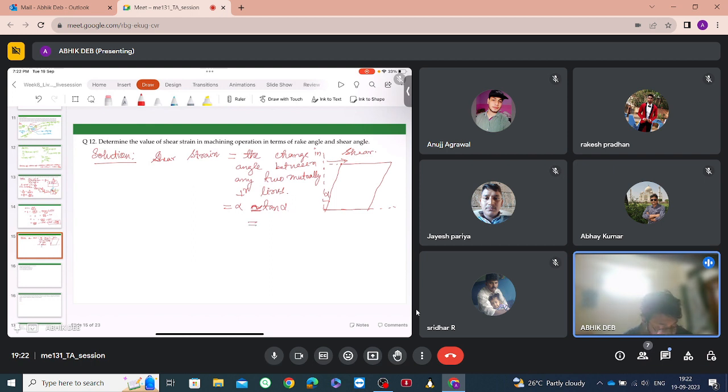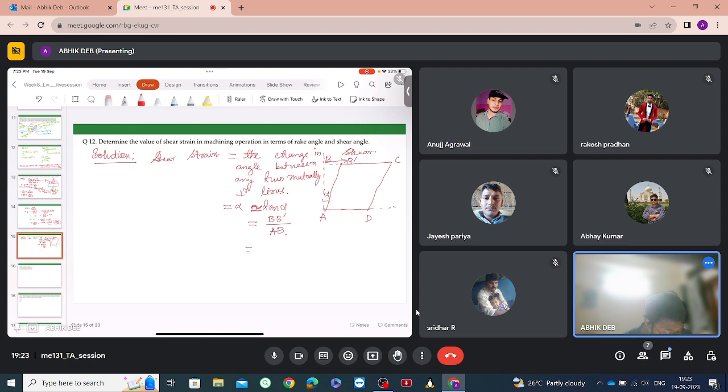Now with this approximation, let us name this point A, this B, this C, this D, and this B dash. So tan of this alpha will be B B dash by AB.